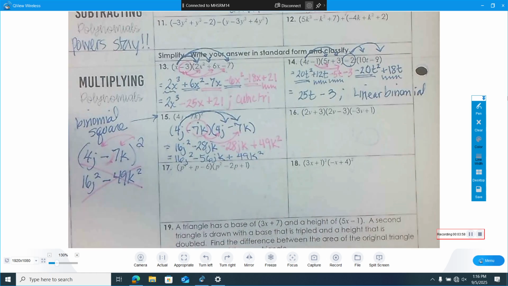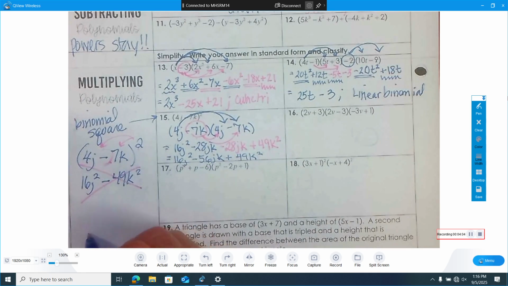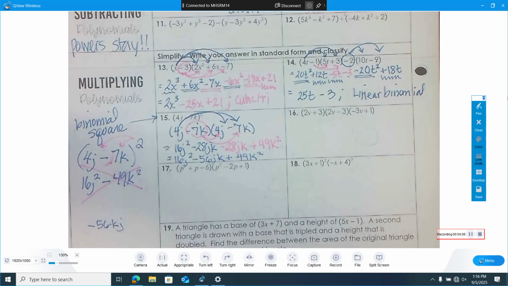No. So again, we can rearrange things at will. And it also doesn't matter if we put negative 56kj, because those are all multiplied together. Just switching the order is allowed. 4 times 5 is the same as 5 times 4. So that doesn't matter. Okay.